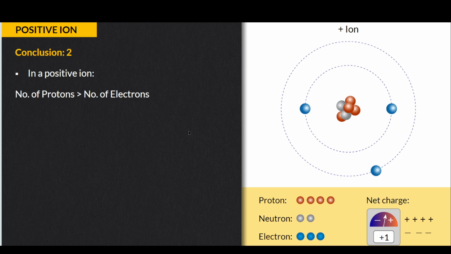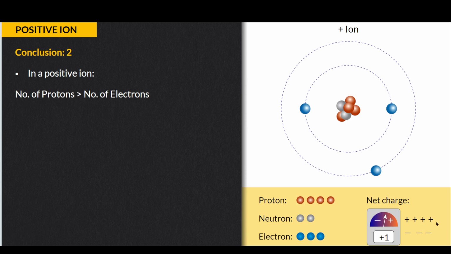So sometimes, to become stable, an electron can transfer from one atom to another. What if, like here, you can see there are 4 protons and 3 electrons, right? So the number of protons is more than electrons. 4 protons means positive charge, because protons carry positive charge.